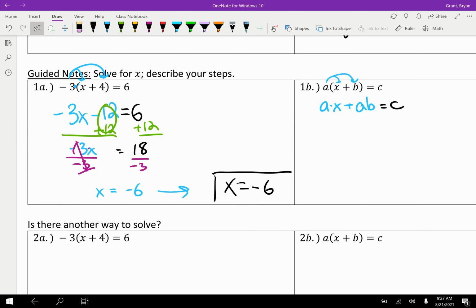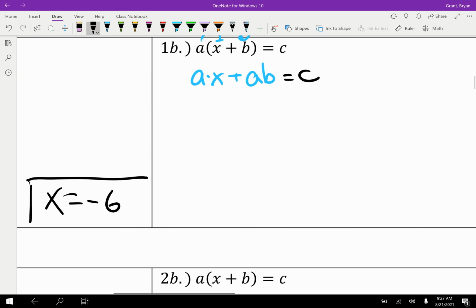What's next? Well, next we had to undo everything that was attached to x. And I see two numbers, and it's kind of hard to see this, attached to x. A is attached by multiplication, and AB is attached by addition. This is all one number. If you think about that dot connecting them, I like to think of that dot as like glue. So A and B are stuck together, and we treat them as a single term.